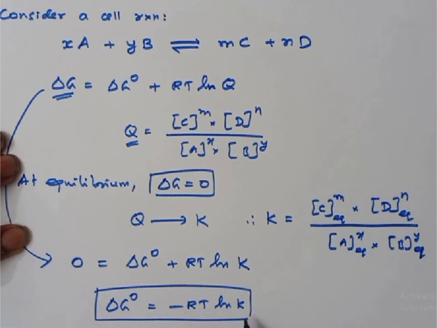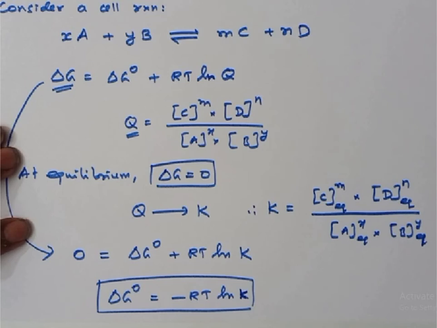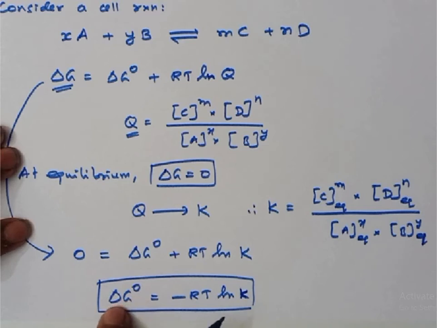Take down. Delta G naught equal to minus RT ln K. Delta G naught is nothing but standard free energy change, which is equal to minus RT ln K. R is gas constant, T temperature in Kelvin, K is the thermodynamic equilibrium constant.